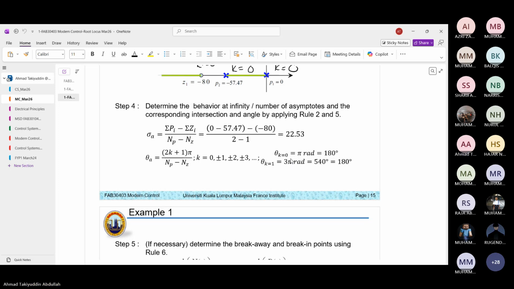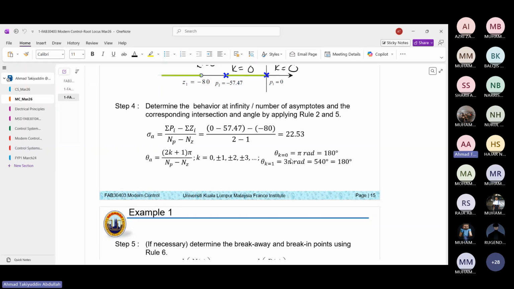Which part? Whoever asked me, which part do you want me to re-explain? Hello? The part where we are going to stop for the consideration of k. Or which one? Yeah, okay.